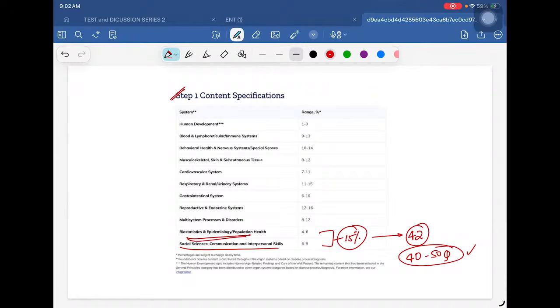Among 280 questions, if you're getting 40 questions, that means in each block you're going to have 2 to 3 ethics questions, which is huge, right?